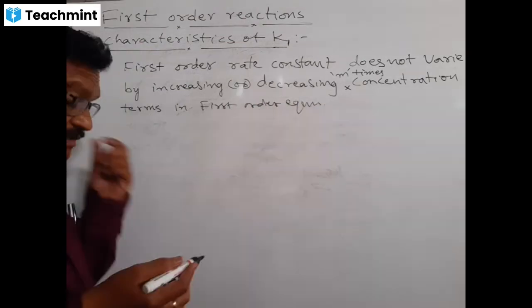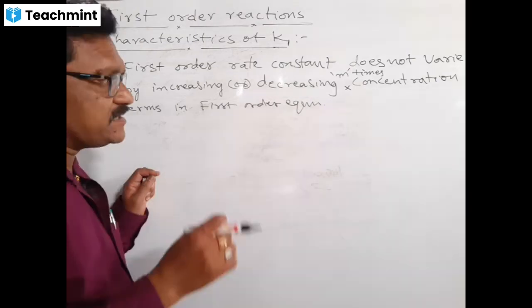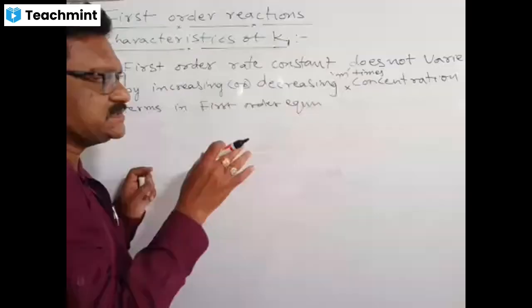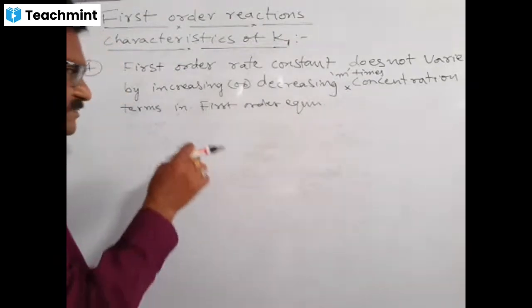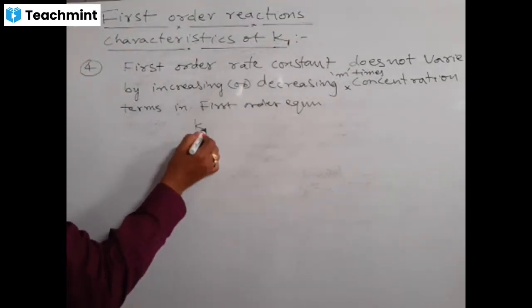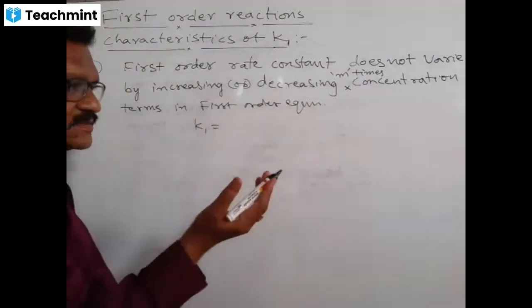See, why does this situation happen? We can understand this by writing the first order rate constant equation. What is our first order rate constant equation?